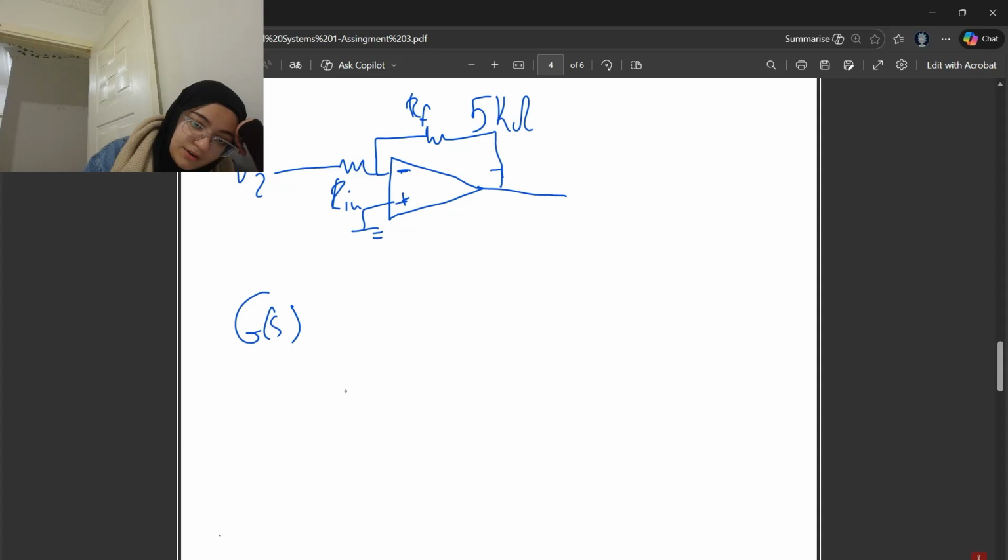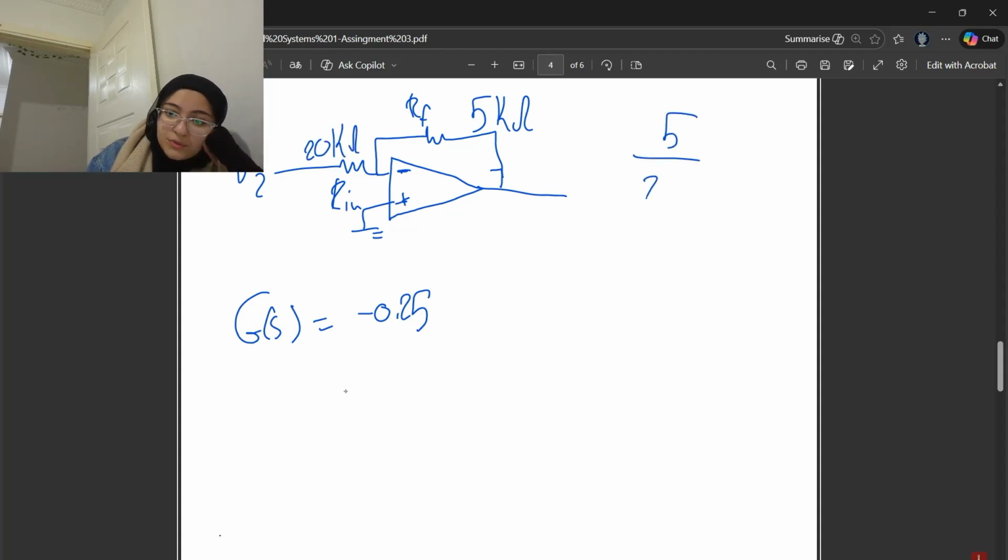So the gain here will be minus 0.25, because Rn here equals 20 kilo ohms. So 5 over 20, K goes with K, and here's a minus because it's RF over Rn, okay, equals minus 2.